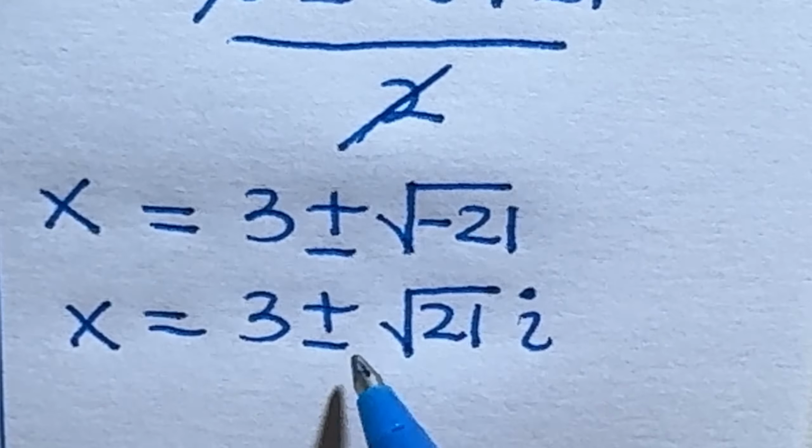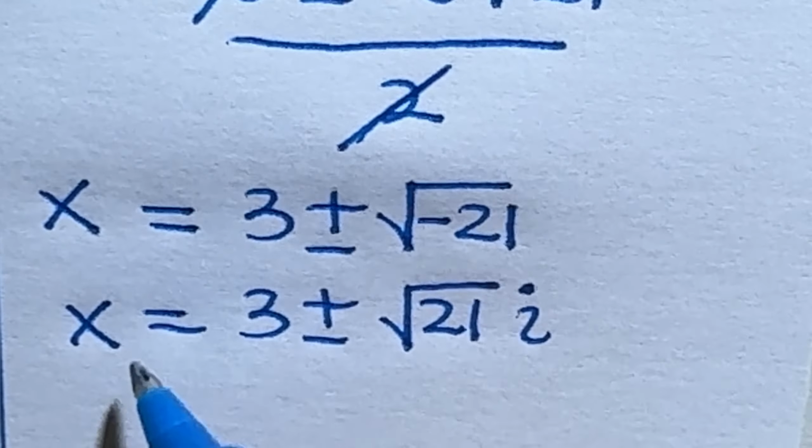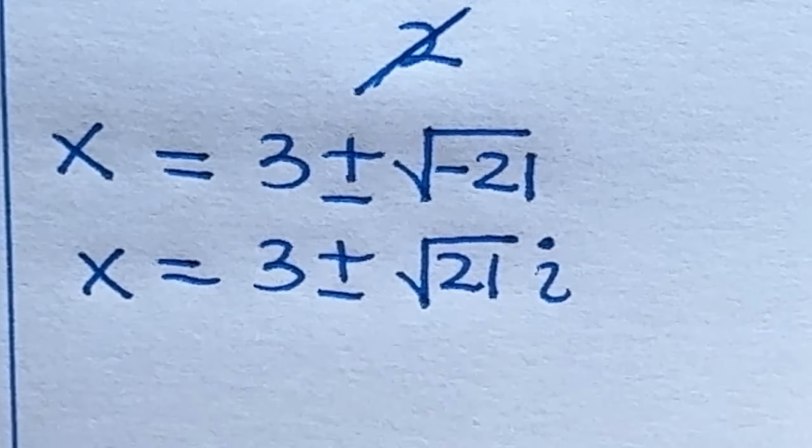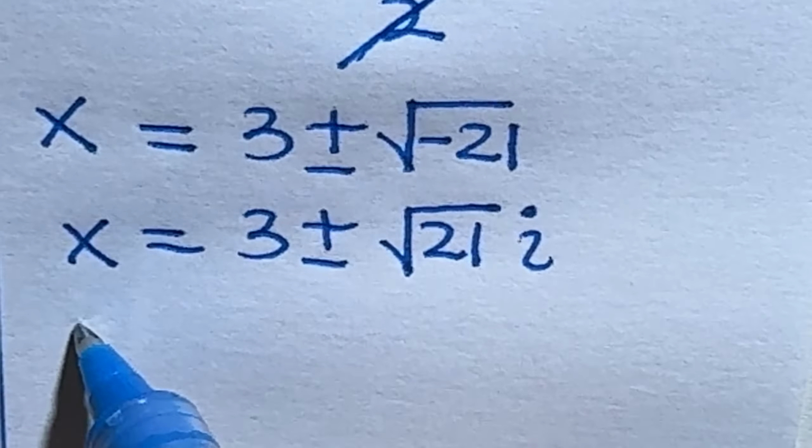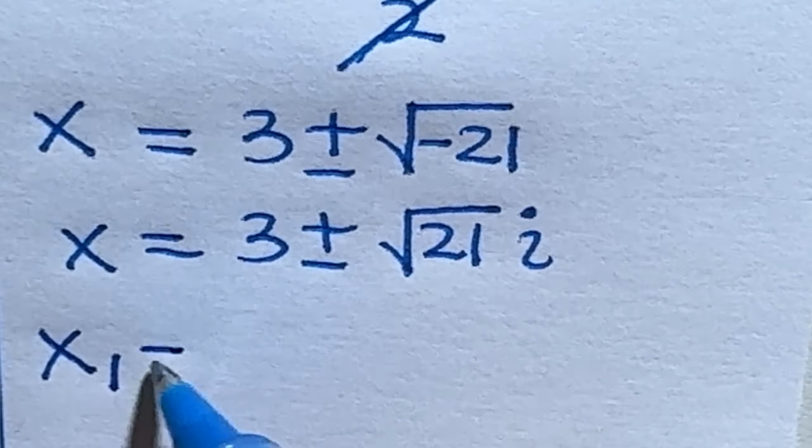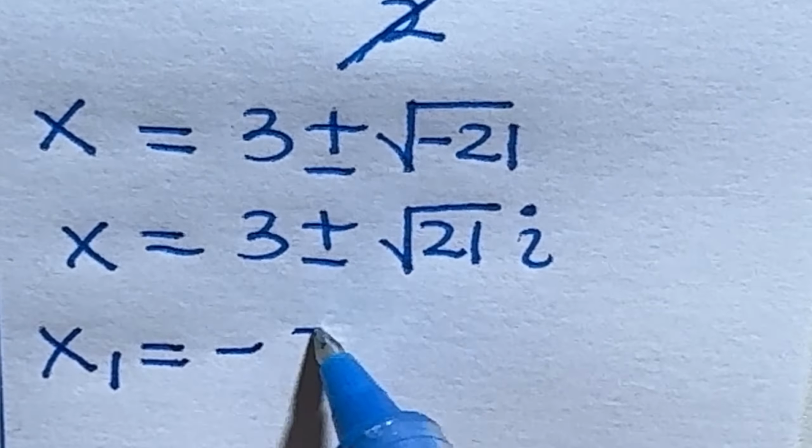So there are three values here. We already got x earlier, let's call that x1, to be negative 5.